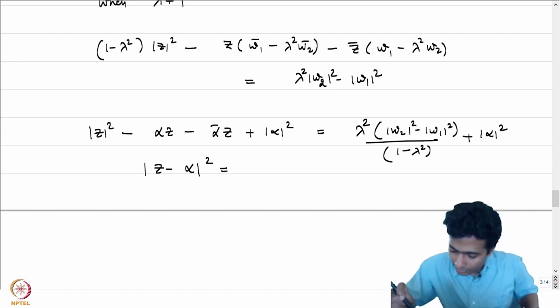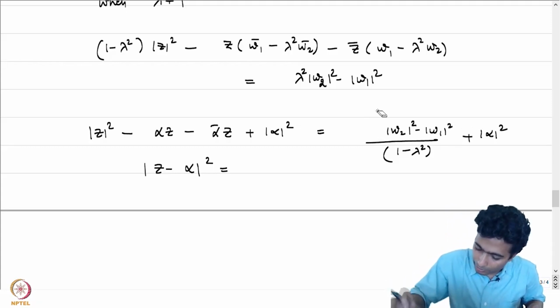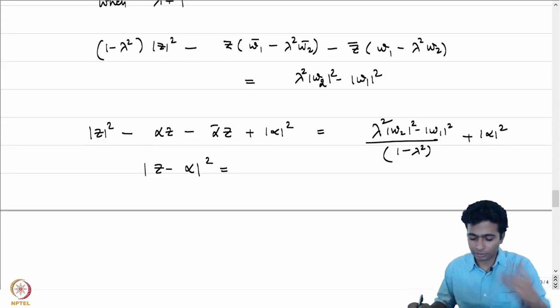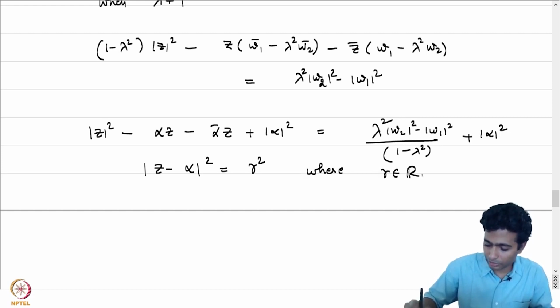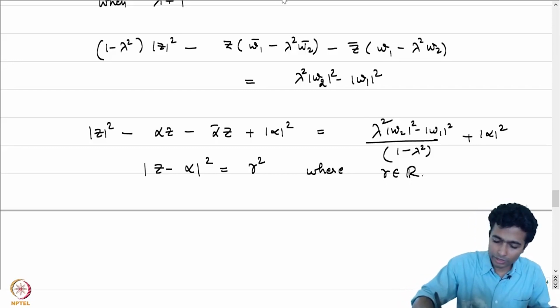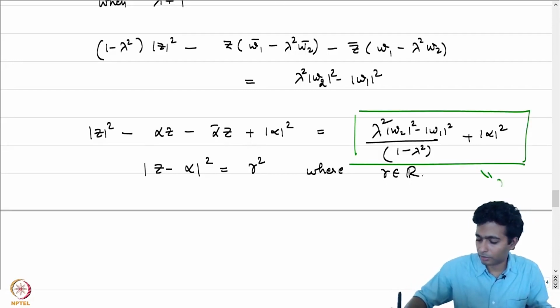Okay, I'm making a mistake, there are no brackets like this here. This is going to be equal to R^2, where R is some real number. I'll leave it to you to check that this is indeed equal to the quantity which I am putting down in green. That's indeed going to be equal to some R^2.